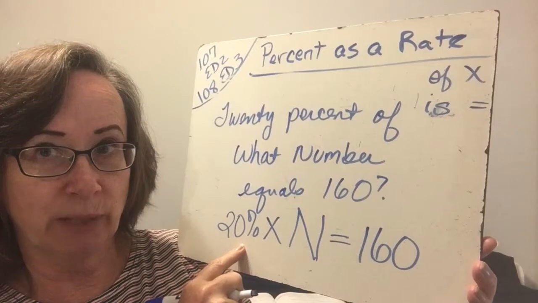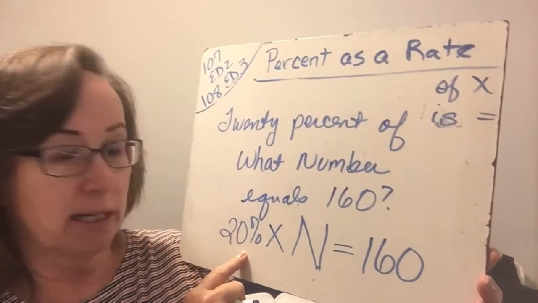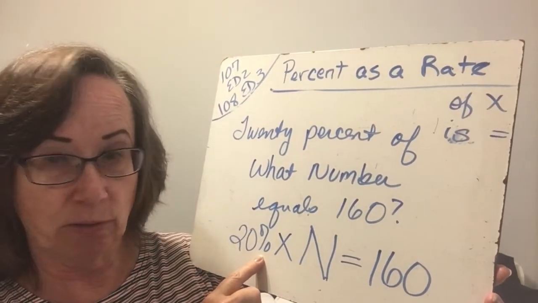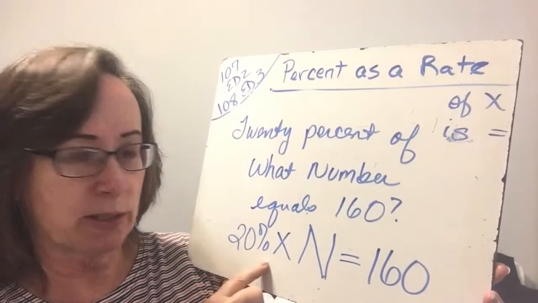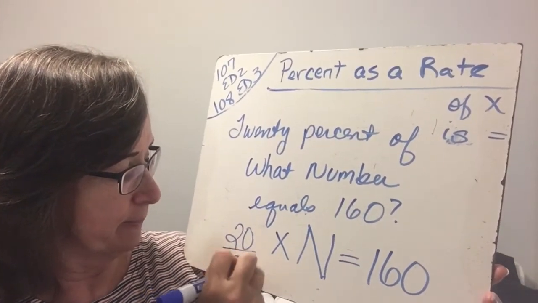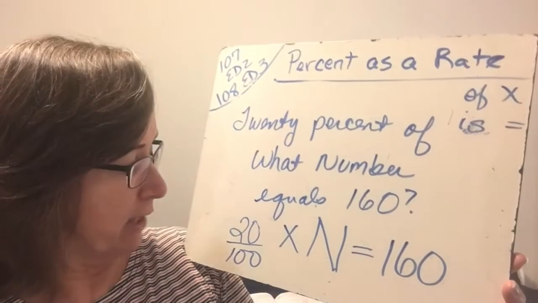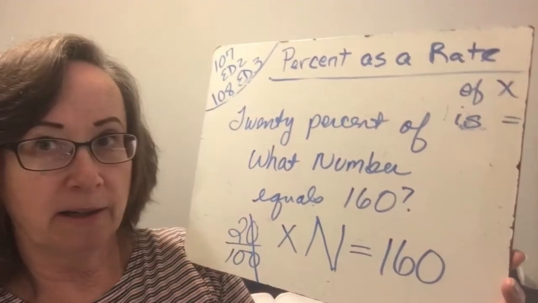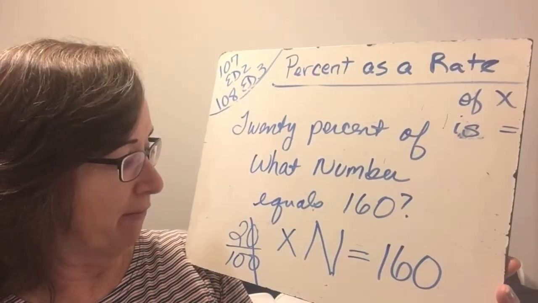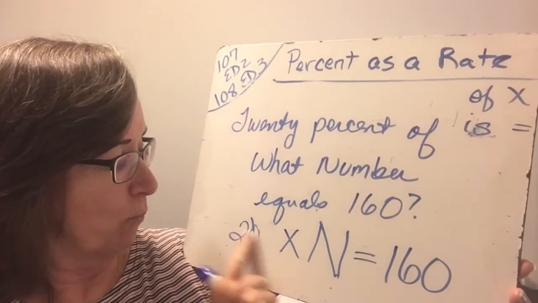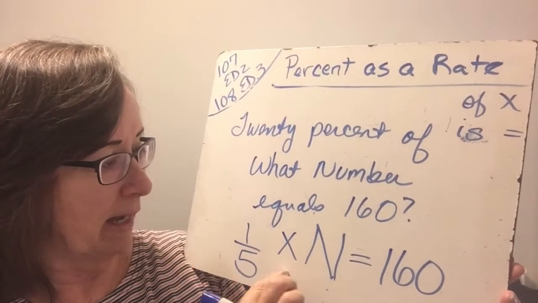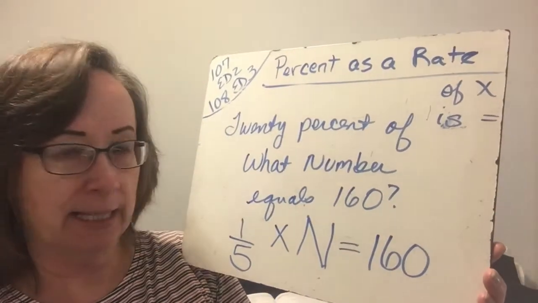So I need to get rid of the 20%. So I'm going to go ahead and write the 20% as a decimal or a fraction. So 20% would be 20 over 100 as a fraction, which would be 2/10 when I simplify it, which is the same thing as 1/5. So we'll take 1/5 times n equals 160.